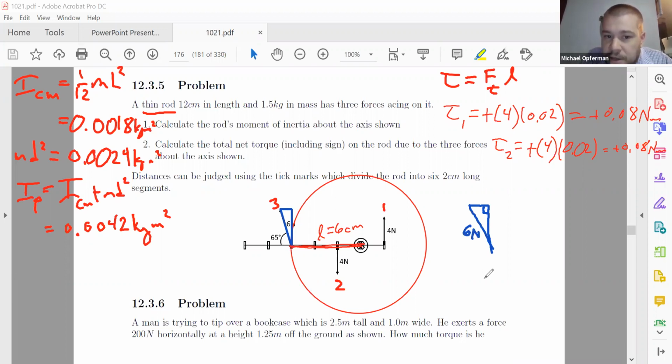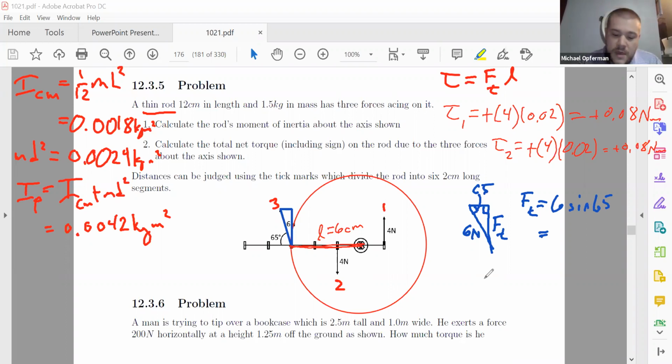I have the exterior angle to the triangle is 65, which means this angle here is 65 by alternate interior angles. So then the component I want is going to be this side here, the one that's parallel to the tangent. So I'm going to have Ft equals 6 times sine of 65.